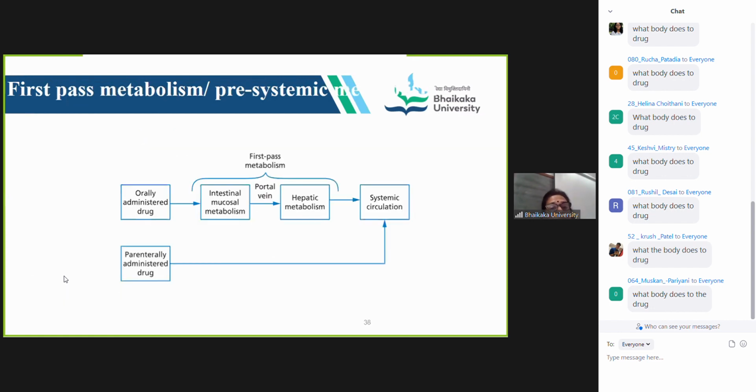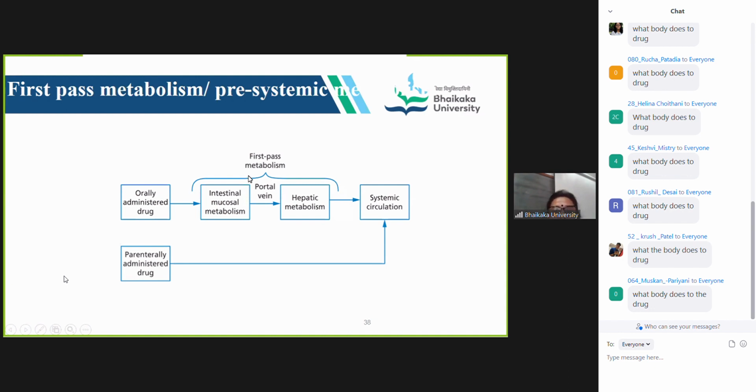So here, see, the orally administered drug will undergo intestinal mucosal metabolism, and it will have hepatic metabolism. Now both of these metabolism processes are called first pass metabolism. After this, the drug will enter into the systemic circulation.